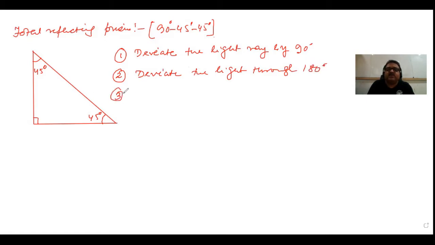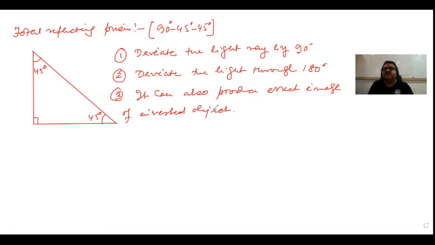And number three, it can also produce an erect image of an inverted object. That means it is able to reverse the image of the object, correct?